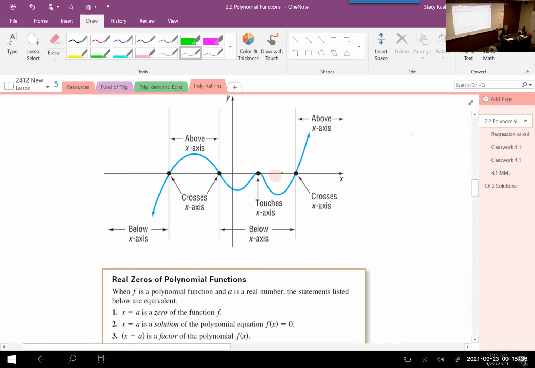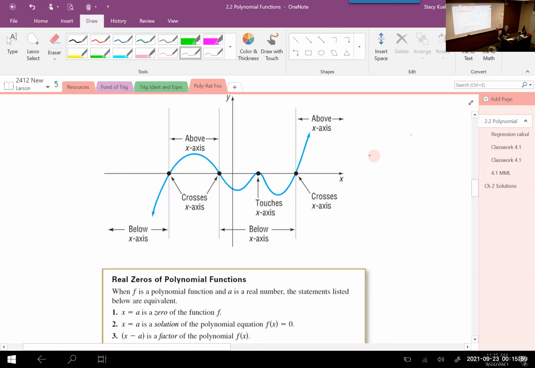Now, these roots that you see here are also called solutions. We can also write them in their factored form. So we have the zeros of the function at the x-axis, the roots of the function, the solutions of the function.